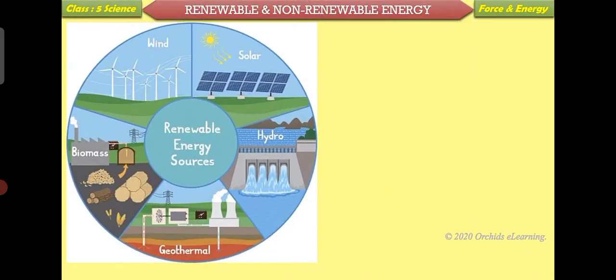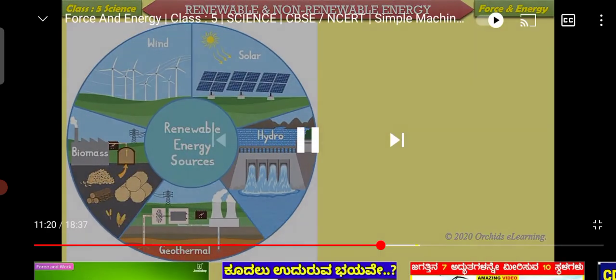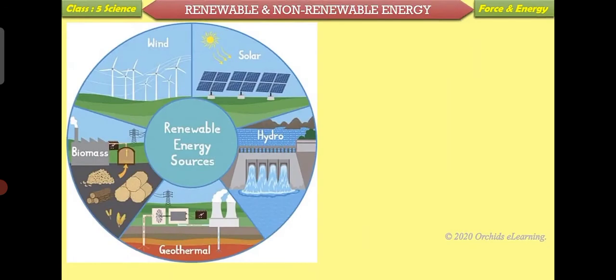In the same way, hydroelectrical energy: hydro means water. Just as we get energy from the wind, we get energy from water too. Here water runs through the turbines, and when the turbines rotate, energy is produced and used for various purposes.